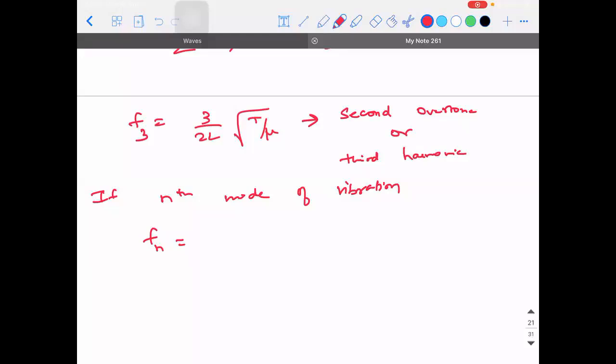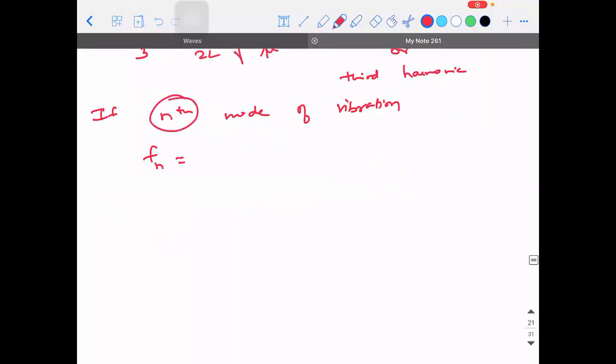So what is getting multiplied in the numerator? It is the number n, which corresponds to the mode of vibration. So for the nth mode of vibration, there will be n standing waves. Correct? So Fn, can I write it as n divided by 2L into square root of T by mu?